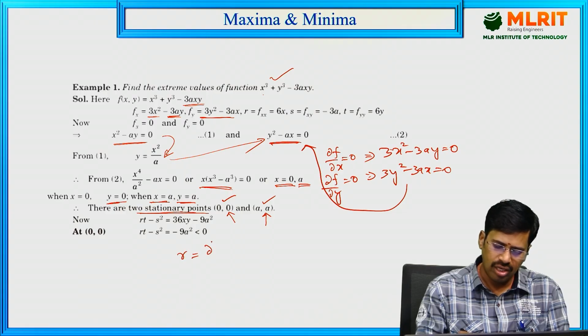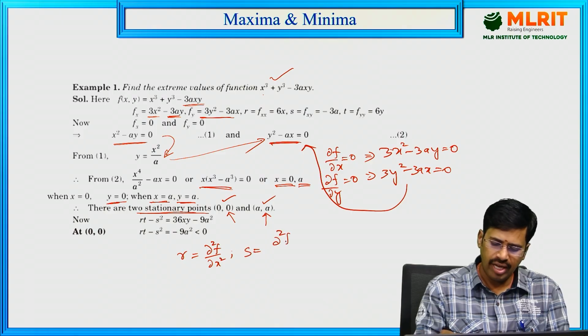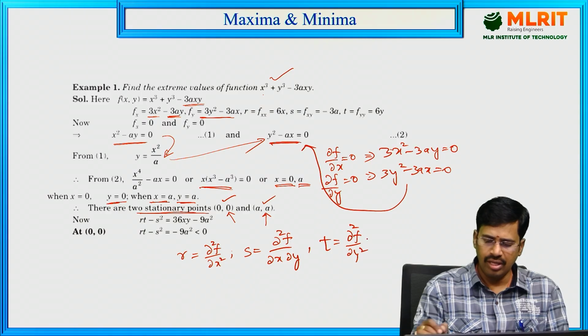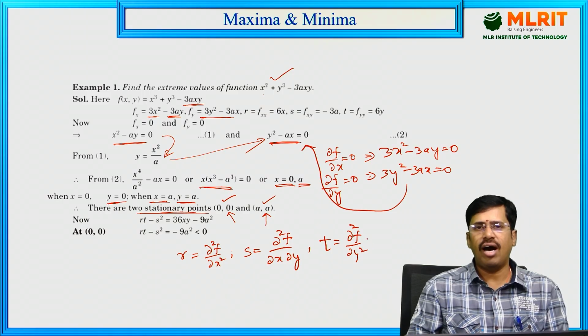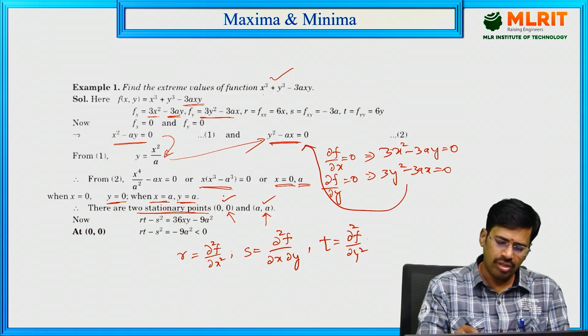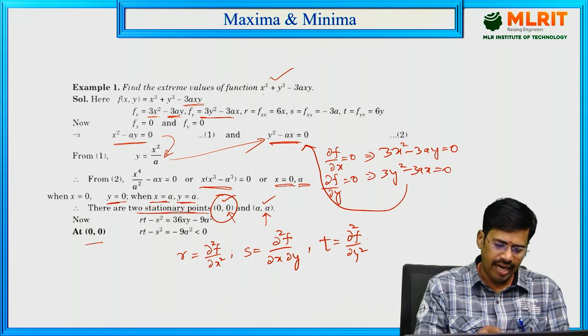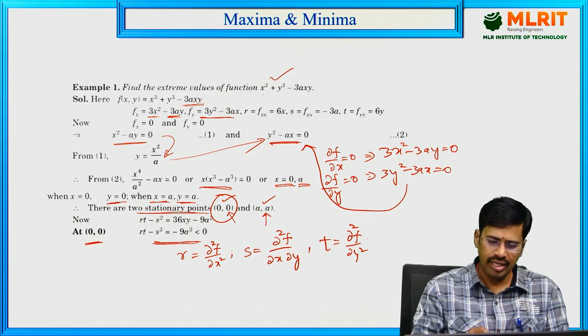R means ∂²f/∂x², S means ∂²f/∂x∂y, and T means ∂²f/∂y². Find the values of r, s, t and substitute the point (0, 0).